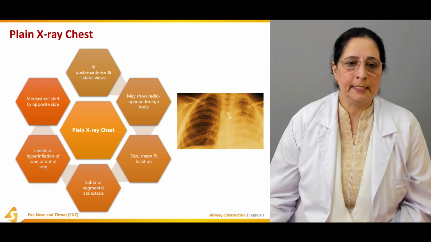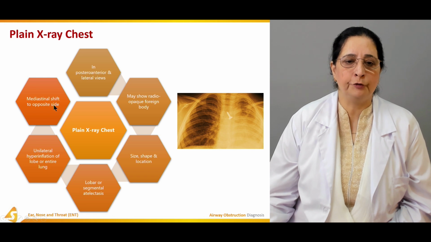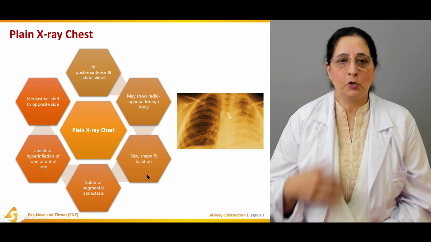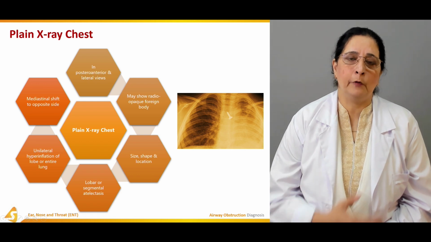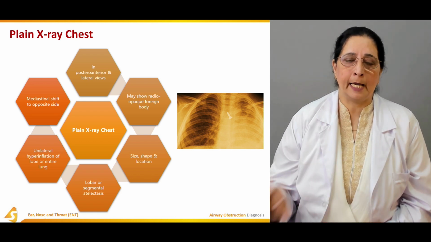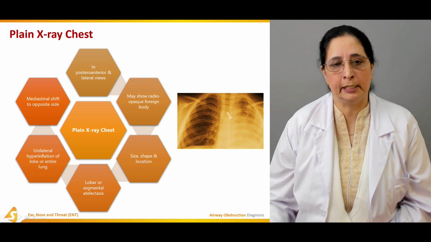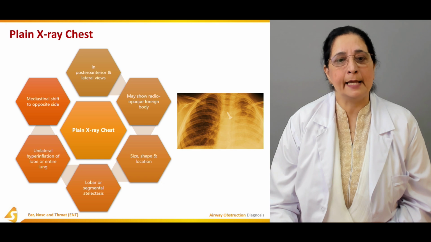And then we can see the mediastinal shift to the opposite side if there is a foreign body. So all these are very helpful steps which can help us to find out the foreign body in the chest, which is the plain X-ray.